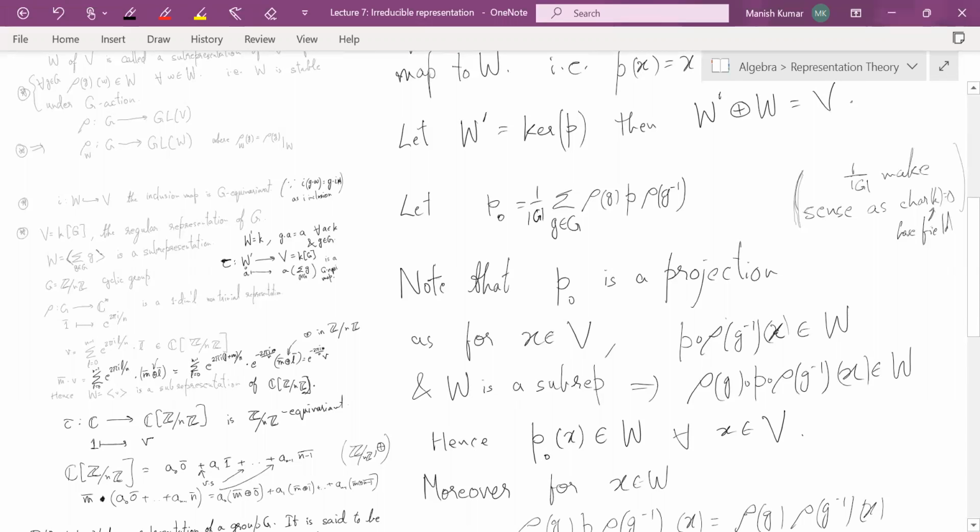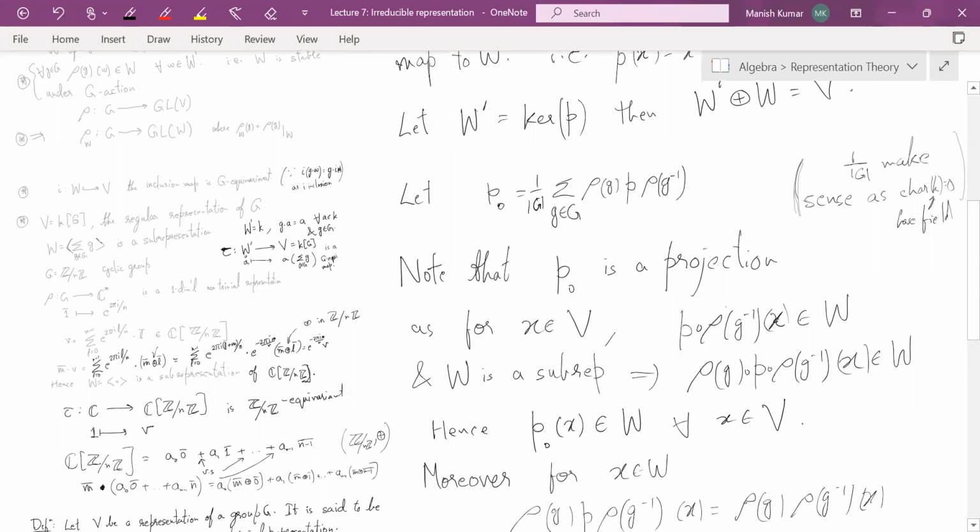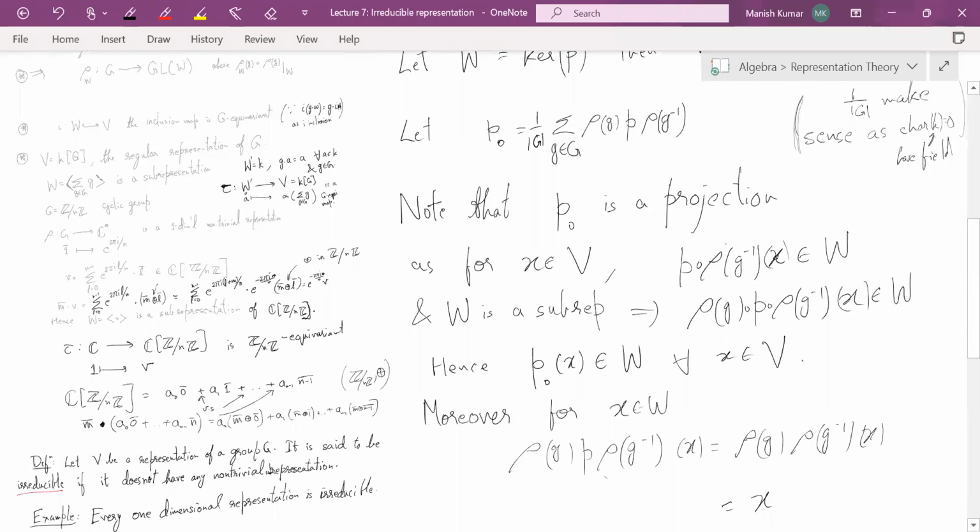So we see that the image of P0 is indeed W. Then we want to check that it's the identity on W. So for X in W, what does each of these terms do? It sends it to X itself, because rho G inverse of X will be some element in W, if you start with an element of W, because W is a sub-representation.